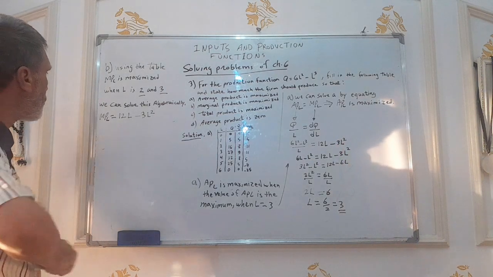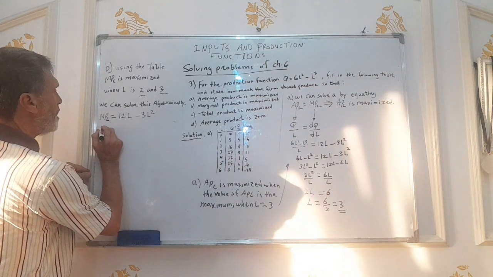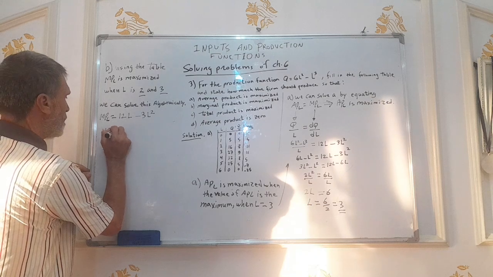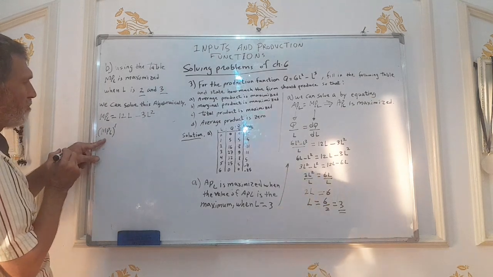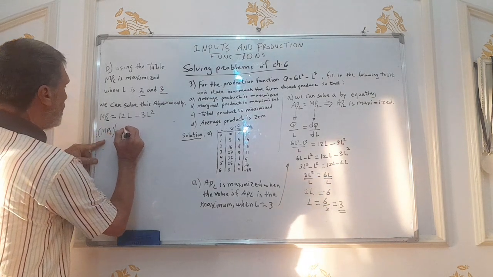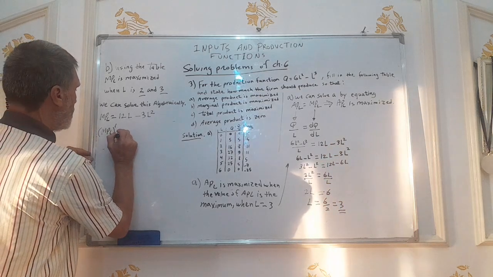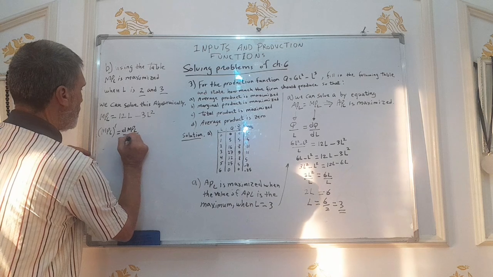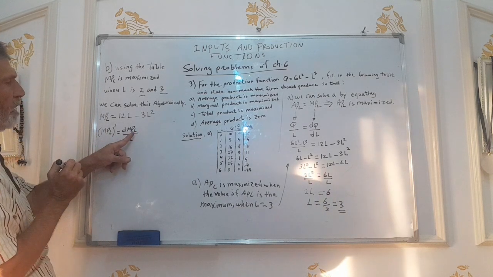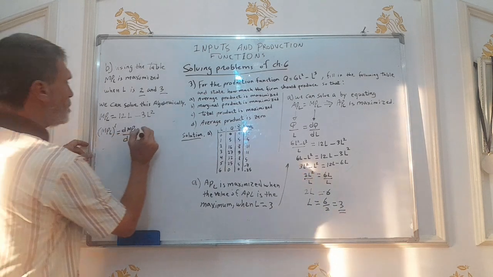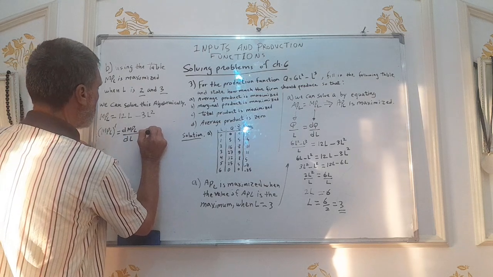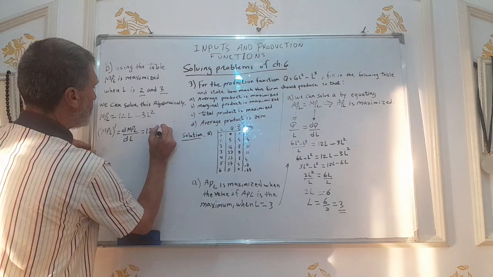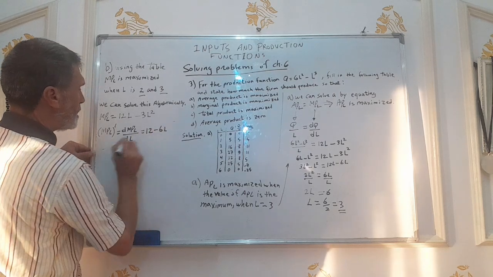So now we take the derivative of this MPL. d MPL over dL, the derivative of the marginal product of labor with respect to L, is equal to 12 minus 6L.